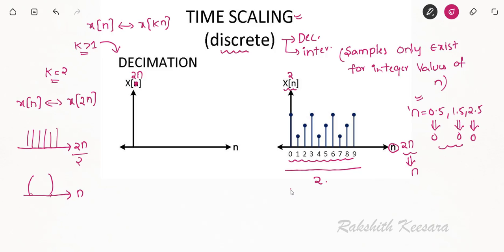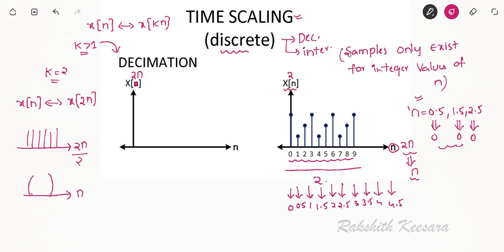0 by 2 will give rise to 0. 1 by 2 will be 0.5. Similarly, 2 by 2 will be 1, 3 by 2 will be 1.5, 4 by 2 will be 2, and similarly you will get 2.5, 3, 3.5, 4 and 4.5. So now my values of n are changed to 0, 0.5, 1, 1.5, 2, 2.5, 3, 3.5, 4, 4.5.